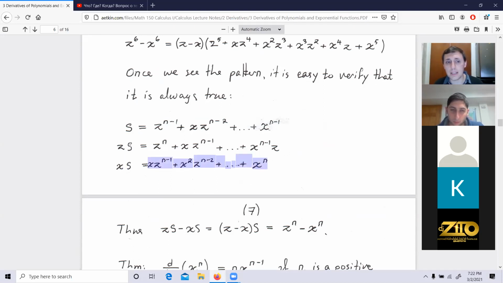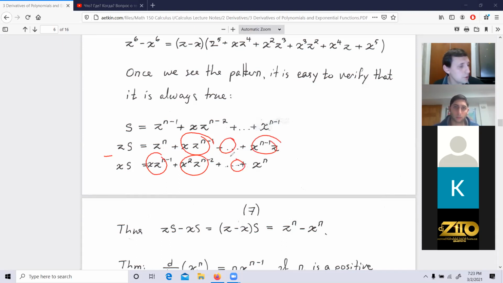When I subtract ZS minus XS, what survives, guys? Look at it. They are canceled this way. Z to the n plus X to the n minus 1. If I subtract, it's z to the n. This is canceled with that. This will be canceled with the next term.